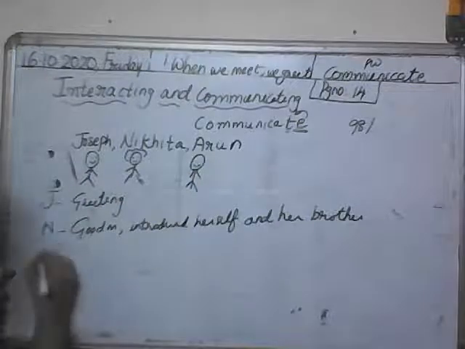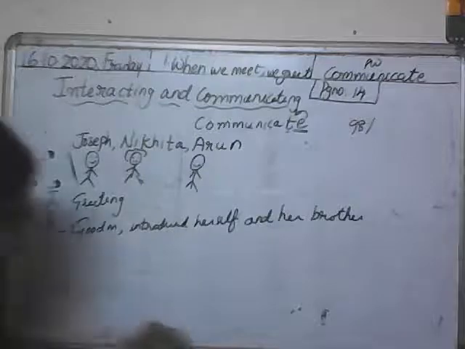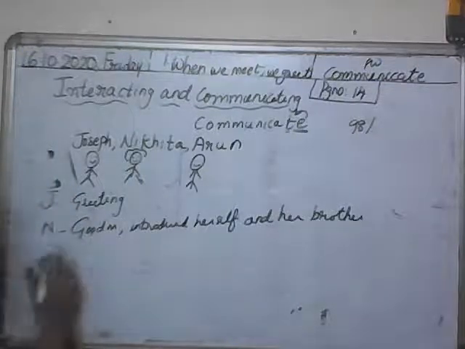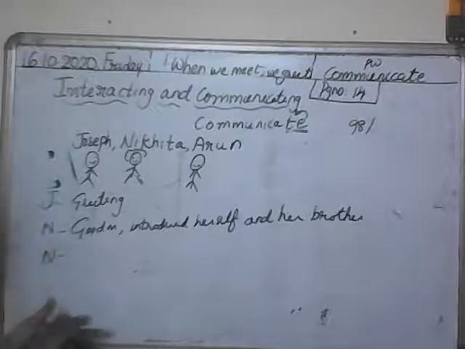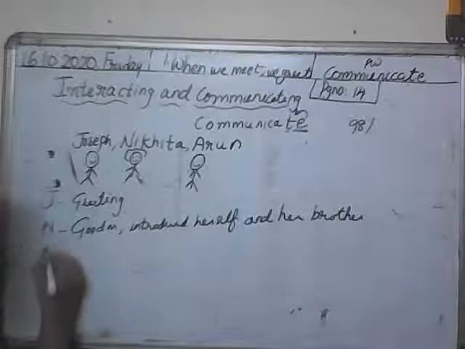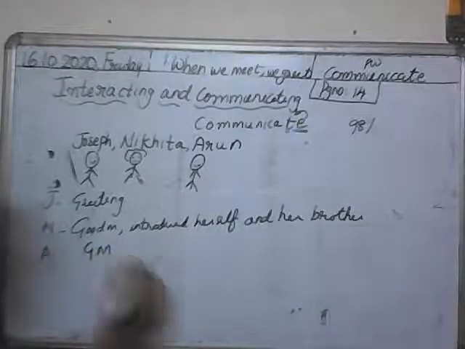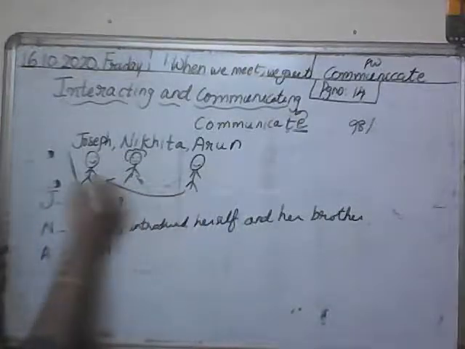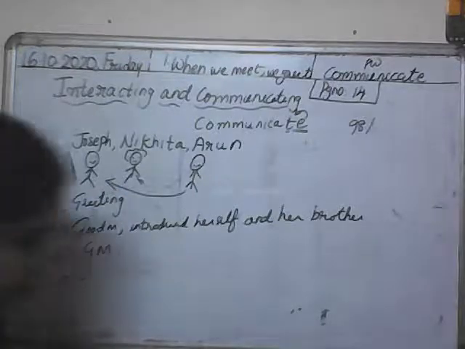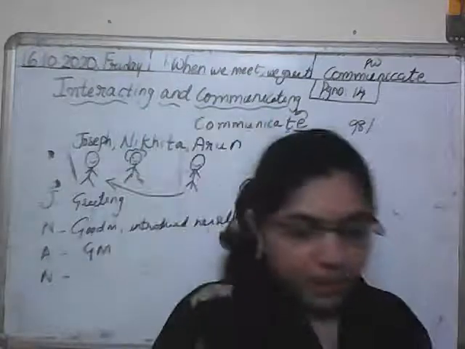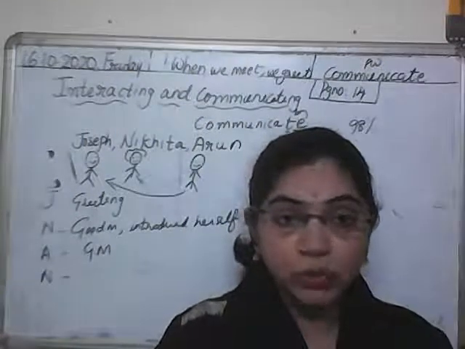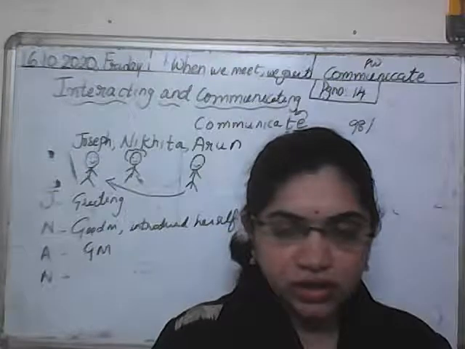Now it is Joseph's turn. Now what will Joseph say? Sorry, Nikita is there. Arun said good morning to Joseph. Then Nikita said, how are you, Joseph? Greetings are over.